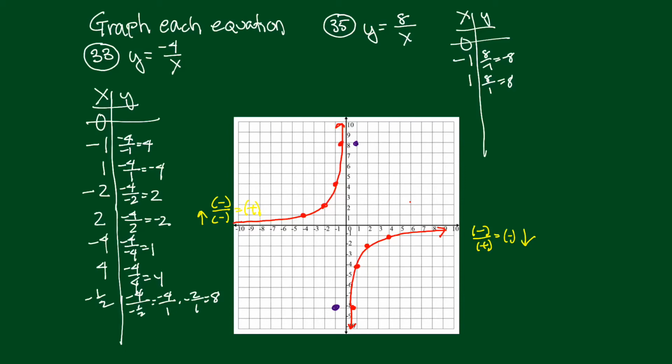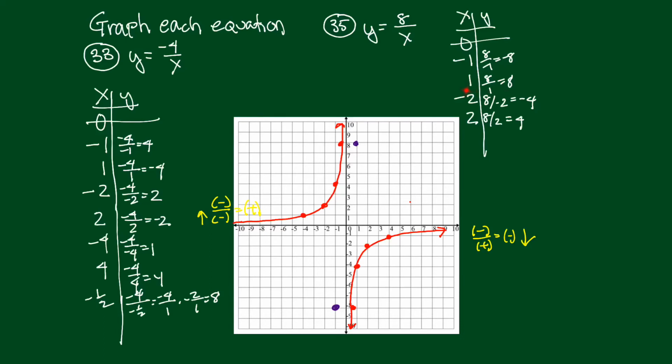So starting at the origin, to the right one, up 8. That puts us here. Now let's try 2. So to the left 2, to the right 2. If I go to the left 2, I'm going to put that negative 2 right in here. So that will give us 8 over negative 2, which is negative 4. And then put the positive 2 in. 8 over positive 2 is plus 4.